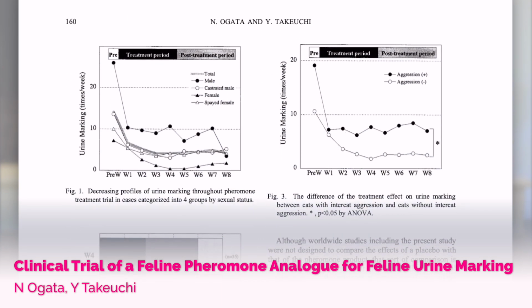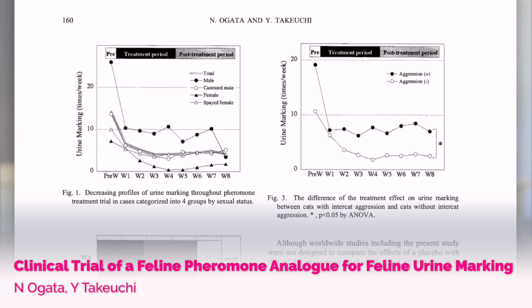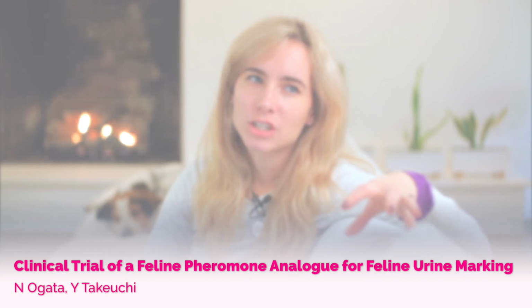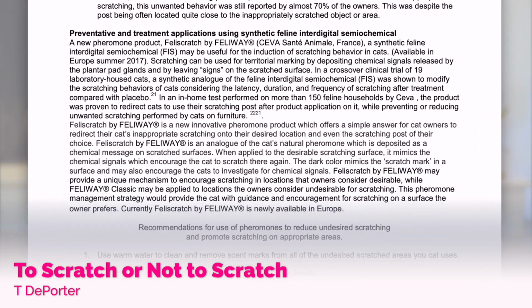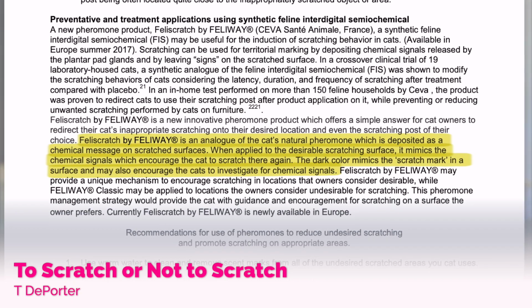But keep in mind, we can use the facial pheromone in place of the stimulus for the cat to do urine marking. Now, if the cat is scratching, we don't really have the best alternative for them, but what we can do instead of taking away the drive to scratch is provide them with a superior place to scratch.